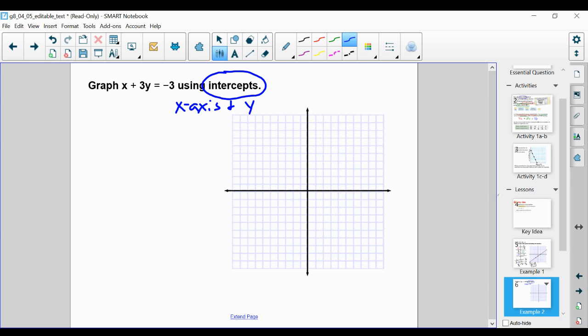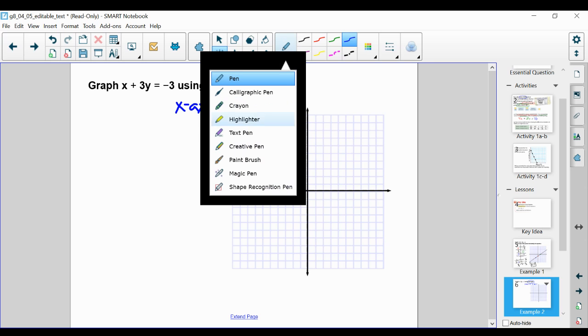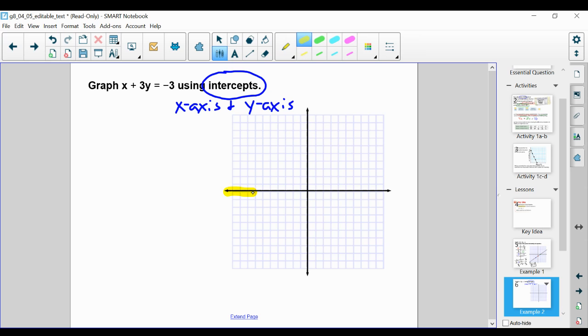That's the x-axis and the y-axis. And let's quickly glance at what it means to be on the y-axis and what it means to be on the x-axis. If I am on the x-axis, let's highlight it.